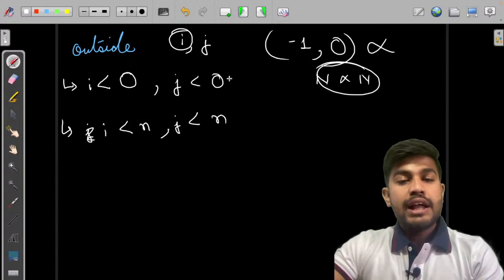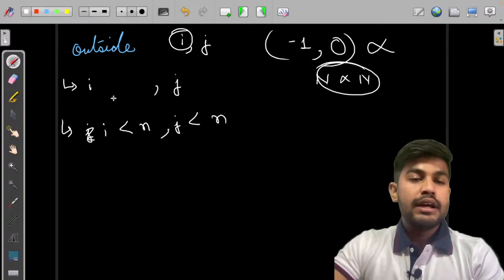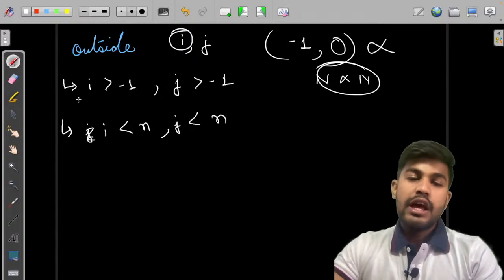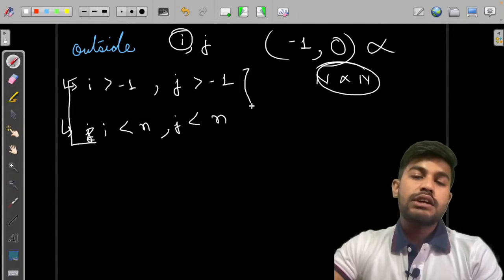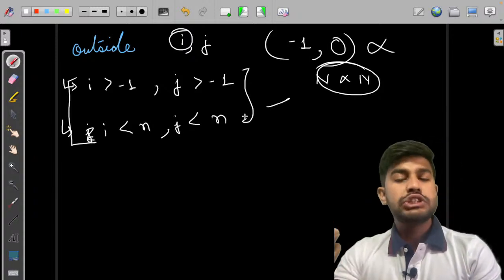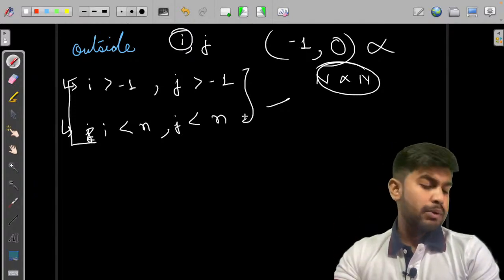And you can write that i should be greater than -1, j should also be greater than -1. If these conditions are fulfilled, that means we are within the boundary. If any of these conditions evaluates to false, that means we are outside the boundary.